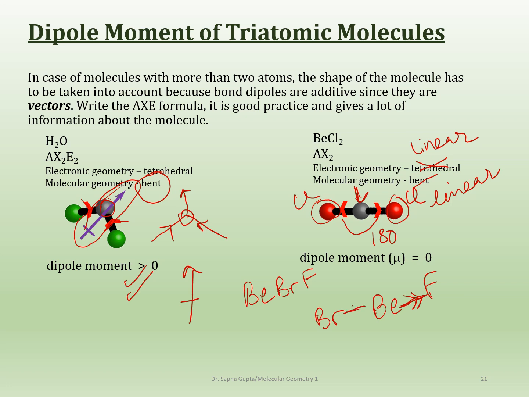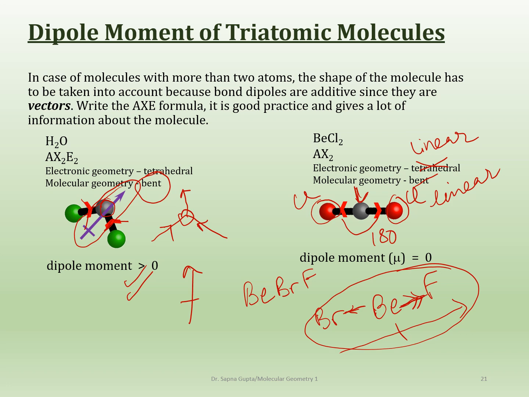So poor bromine is trying to pull, but it's not having that much effect because fluorine is more electronegative, and so you will have a dipole moment. BeCl2 did not have that because both the chlorines are the same. So that is the effect of symmetry in the molecule. BeCl2 is a symmetric molecule, and therefore it cannot have a dipole moment.